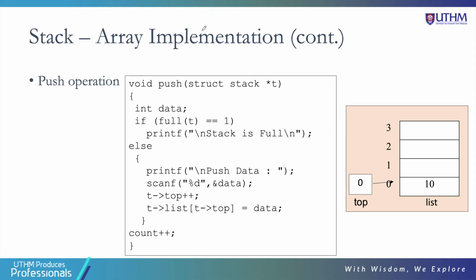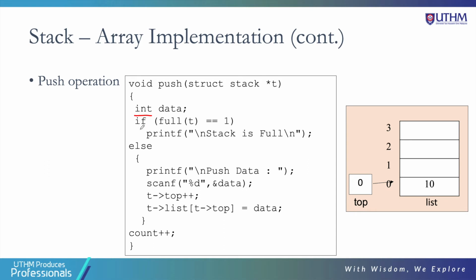This is the function for the push operation. The data that we want to insert inside the stack is of type integer. Whenever we want to do the push operation, we must make sure that the stack is not full, meaning that the stack is empty or there's at least one allocation left.